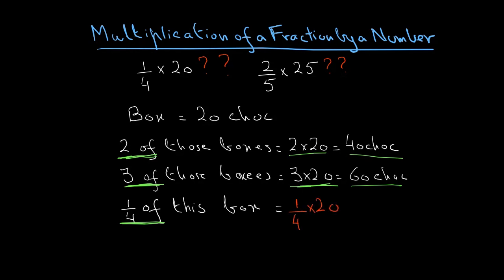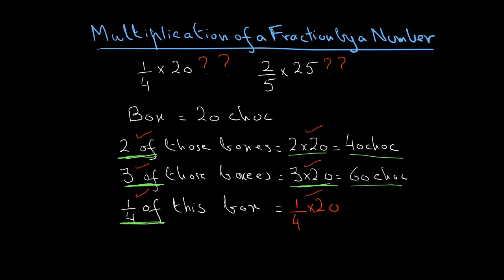I don't even know what it means. I don't know the answer to this question, but given my experience with 2 of, which meant 2 times 20, and 3 of, which meant 3 times 20, 1/4 of ought to mean 1/4 times 20.